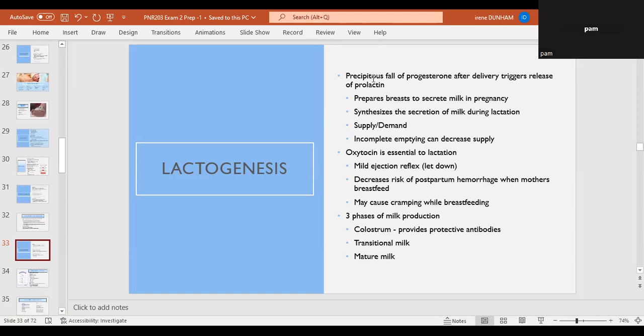These are questions that may be asked about the hormone needed for preparing the breast to secrete milk in pregnancy: prolactin. Now, you have oxytocin. You've heard that before. That's also essential to lactation. Oxytocin allows for the milk ejection reflex, which is called the letdown, and decreases the risk of postpartum hemorrhage.